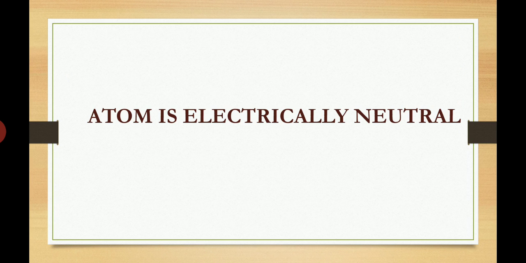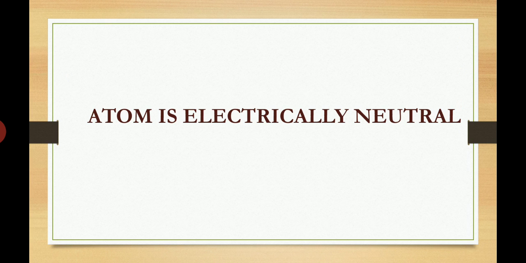The subatomic particles that are present in the atom, be it protons, neutrons or electrons, have charge. Protons have positive charge, electrons have negative charge, neutrons have no charge. So this positive and negative charge cancel out each other, and overall the atom is electrically neutral.